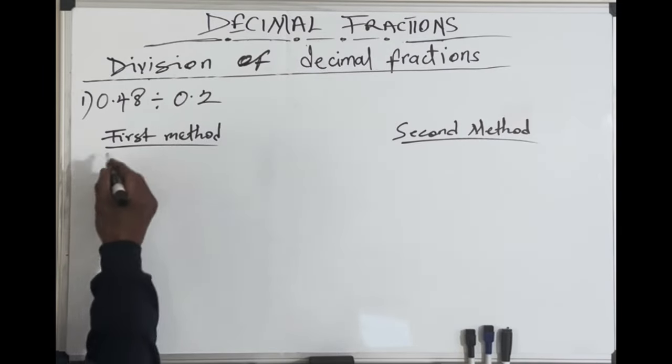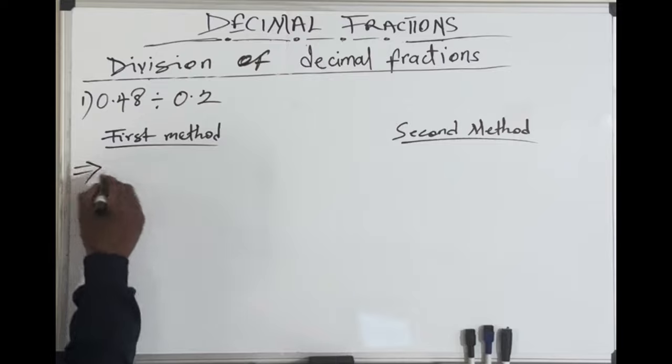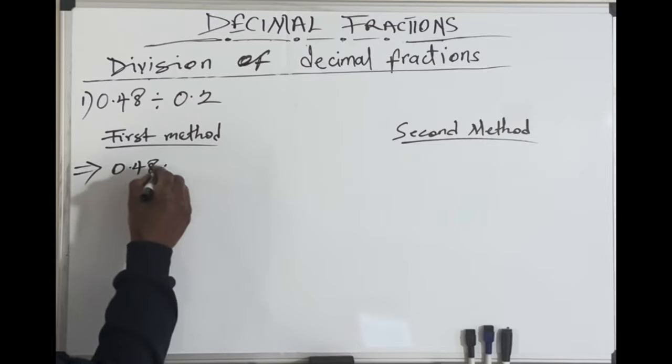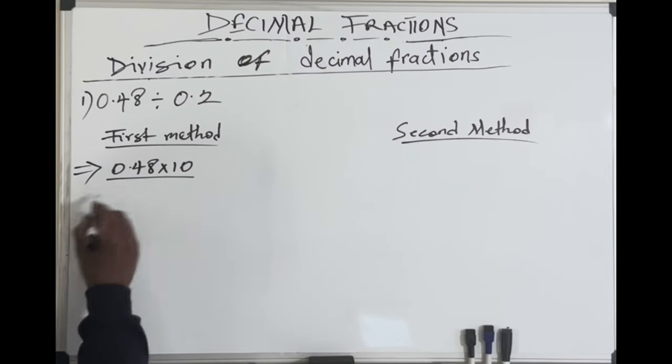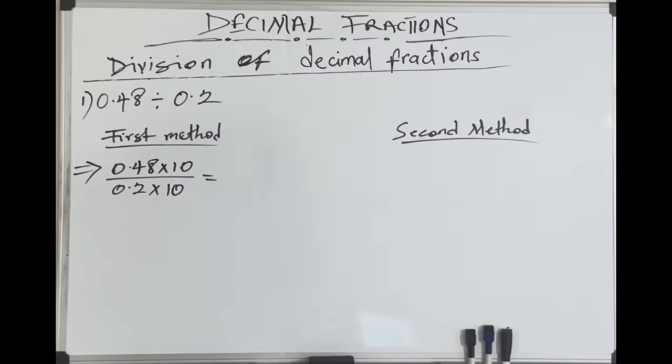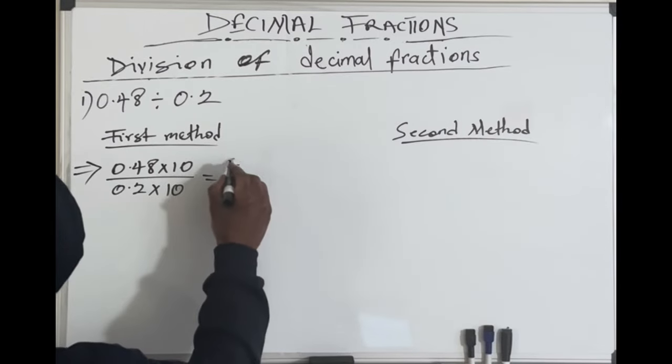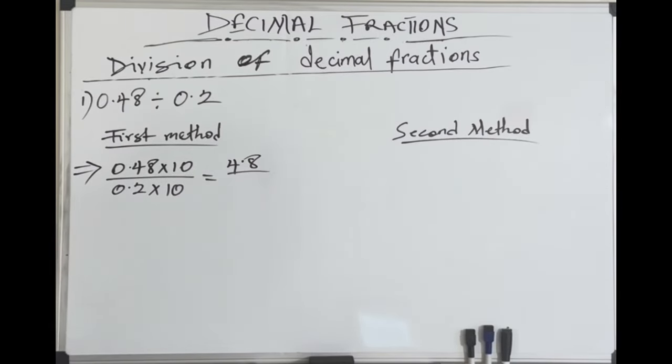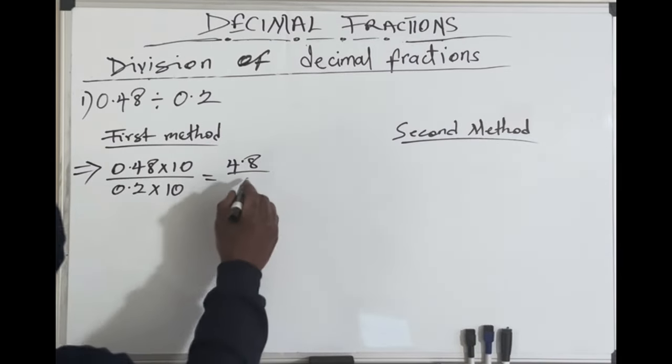So the first one: 0.48 times 10 divided by 0.2 times 10. With our calculator, 0.48 times 10, we will get 4.8 over 0.2 times 10, we will get 2.